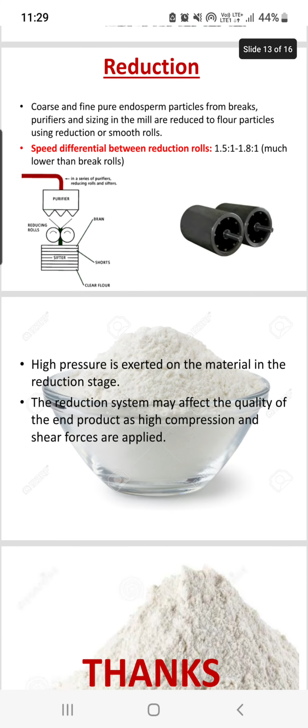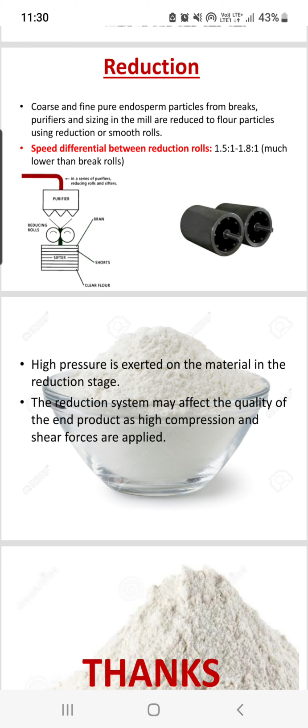During reduction, high pressure is exerted on the material, so that due to the friction, we observe that the freshly ground flour at industries or at the atta chakkis has a slightly higher temperature, that is slightly hot, due to the high pressure and the friction produced in the conversion of grain into the flour.